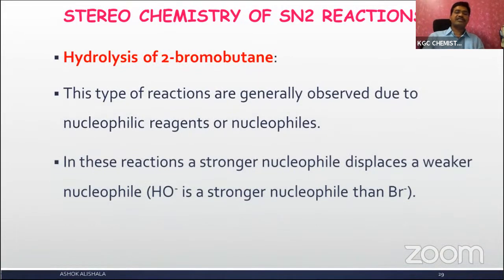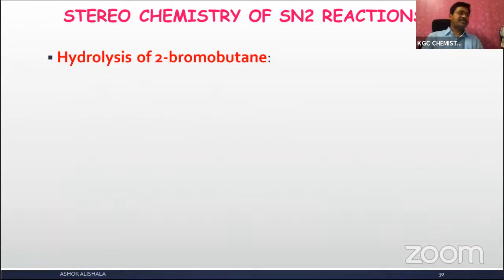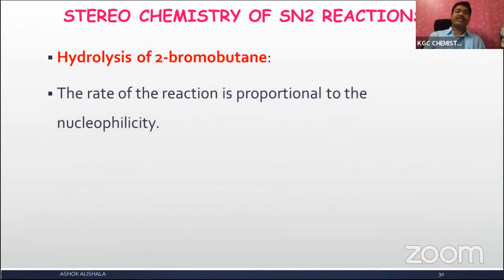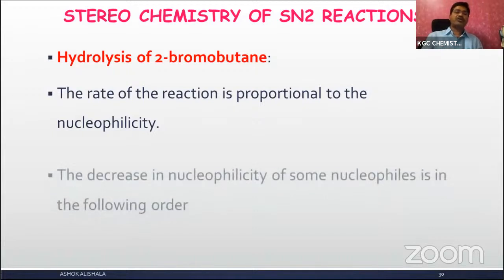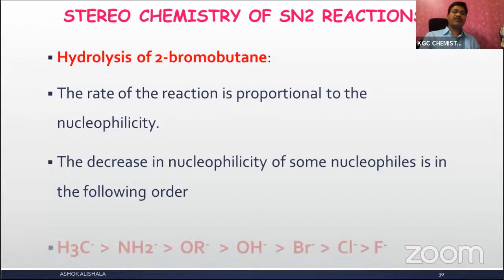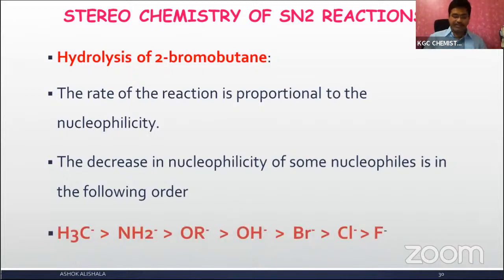We already discussed that hydroxide ion is a stronger nucleophile than bromide. That's why it is replaced. The rate of reaction is proportional to the nucleophilicity. I told you about good nucleophiles, strong nucleophiles, and weak nucleophiles. Here, the methide ion is a strong nucleophile, then amide ion, then alkyl oxide, hydroxide, bromide, chloride, and fluoride.